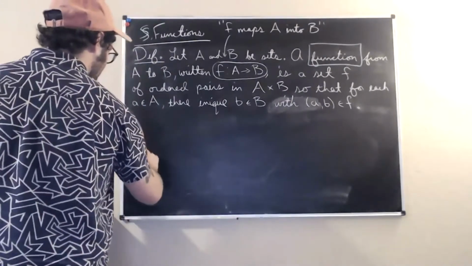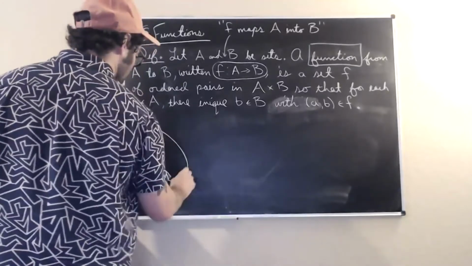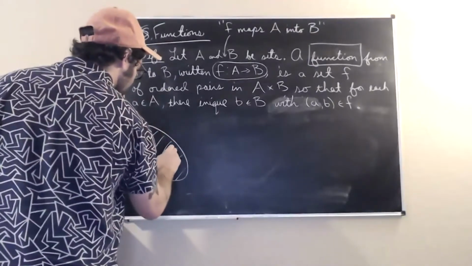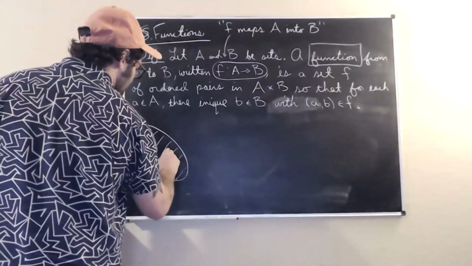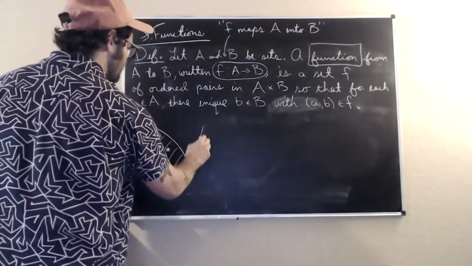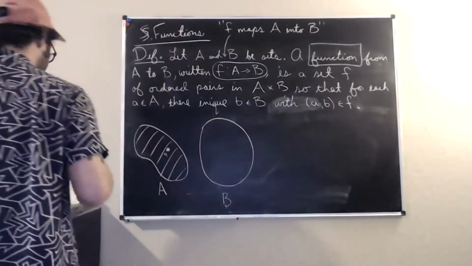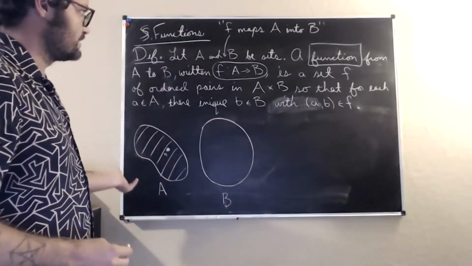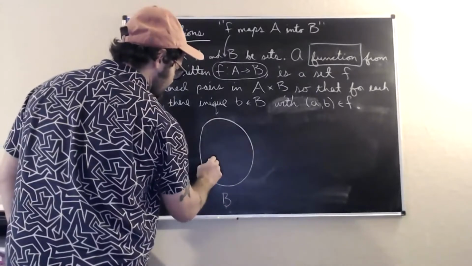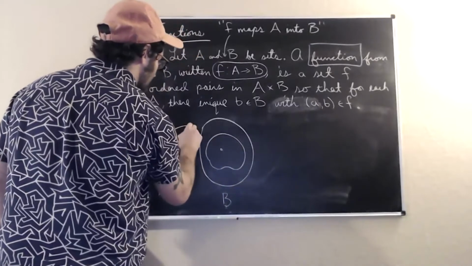So suppose we have like some set A. Okay. And we have some point in here, call it maybe some element, call it little a. Okay. And then we have some set B. Okay. Then for every element over here, we're going to have some element that's mapped over here with elements of B. So F looks like this.